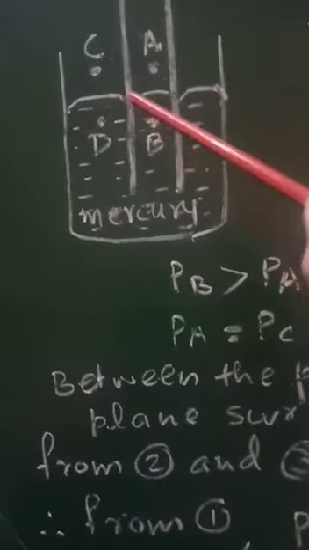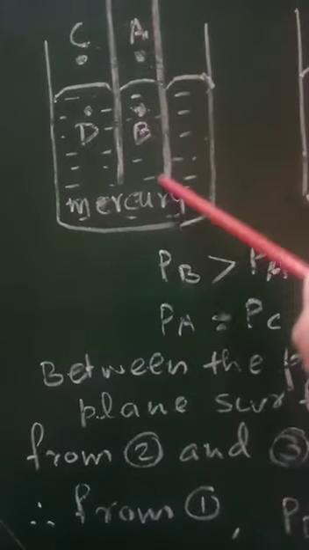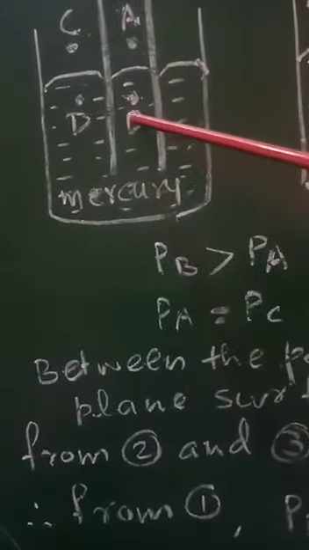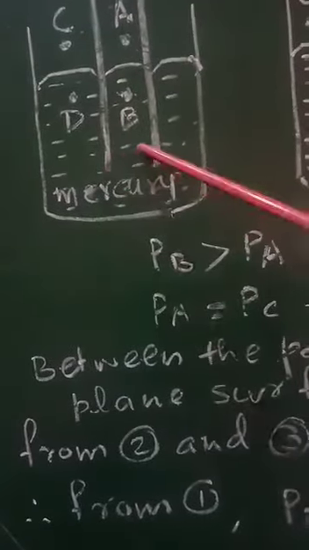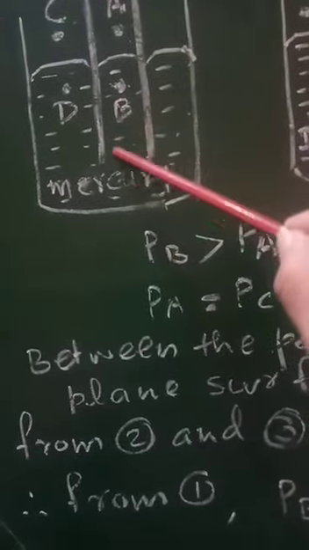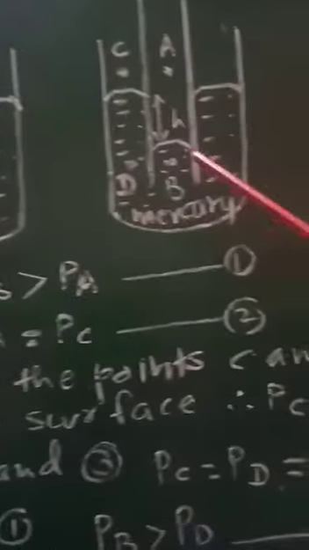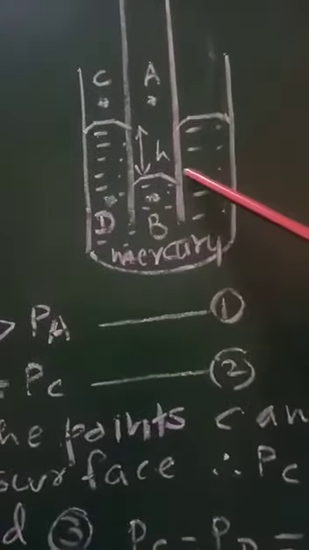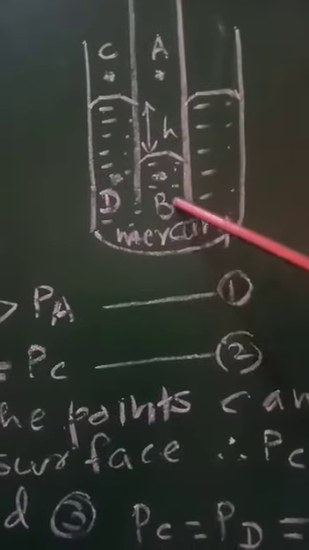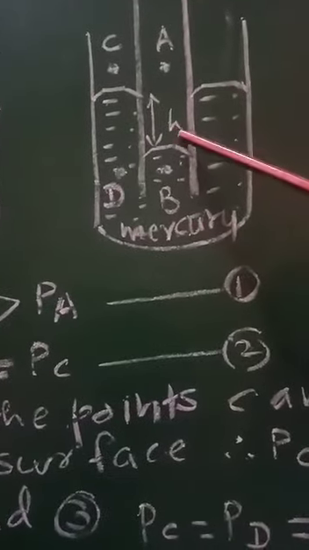So if this PB is greater than PD, then the liquid will flow outside the capillary, it will move down, and therefore automatically there will be fall of liquid level inside the capillary tube through some height h.